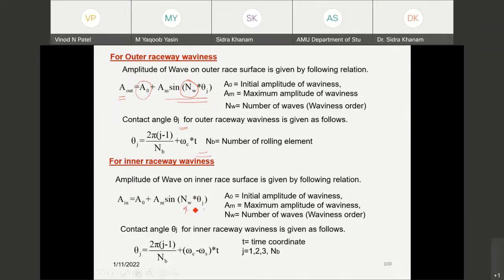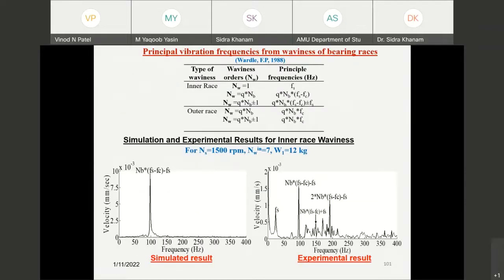So the derived results are like this. We have found that when the waviness order is 1, the principal frequency will be the same as Fs, the shaft rotational frequency.